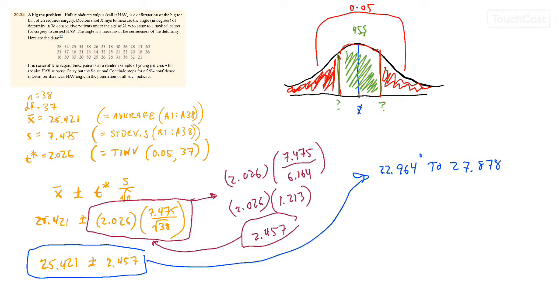And these are degrees because that's what we're measuring in. And so this is the range. We just solved for these here: 22.964 and 27.878. So I can say with 95% confidence that the mean, if I take another sample, is going to fall between these two values here.